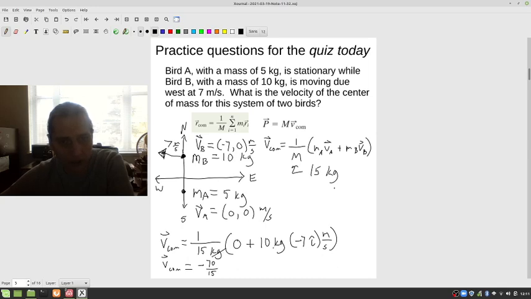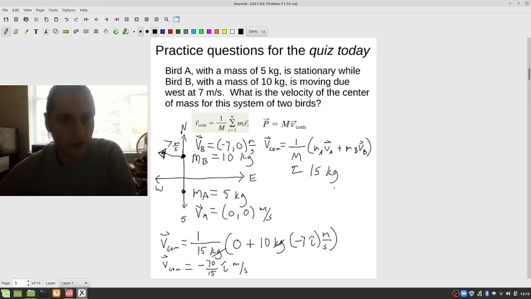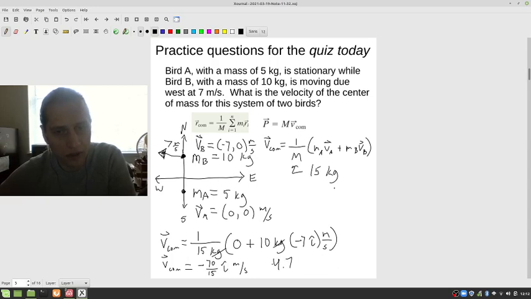Those cancel out, and so this will be meters per second, with a direction I. Or if you want to put it in a more natural language type of way, this would be around 4.7 meters per second and going west.